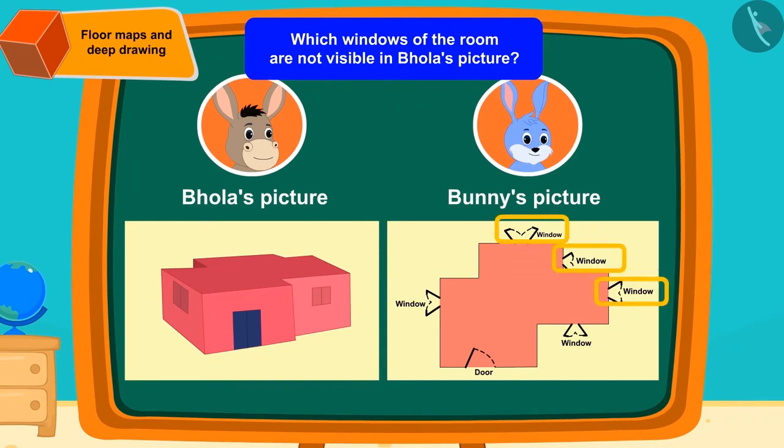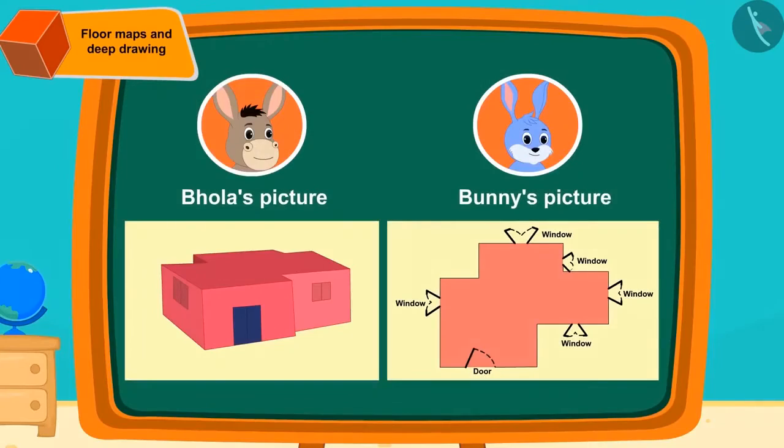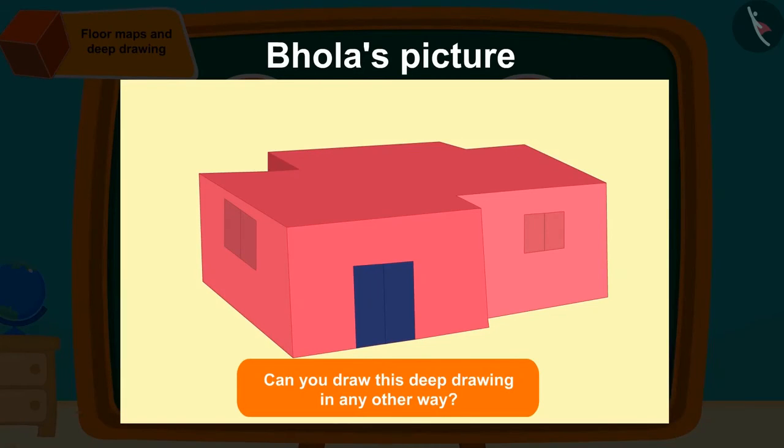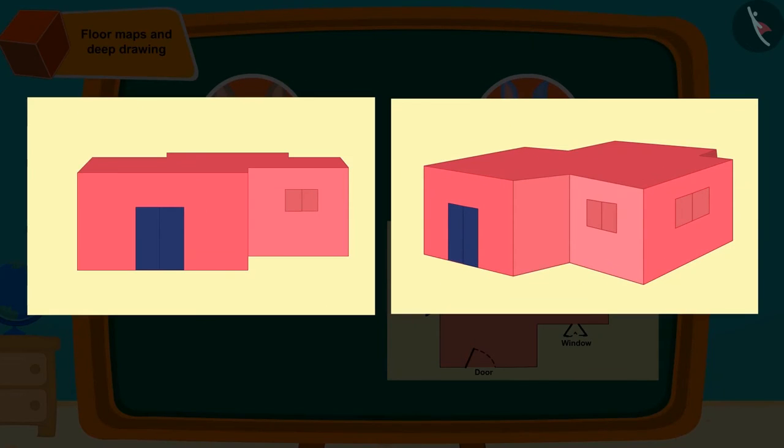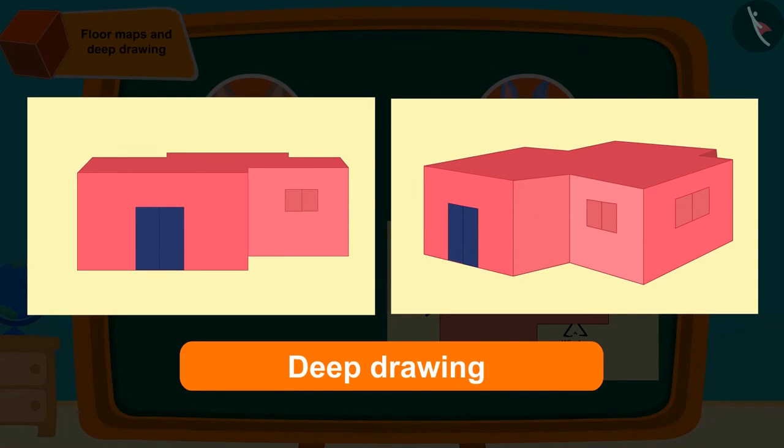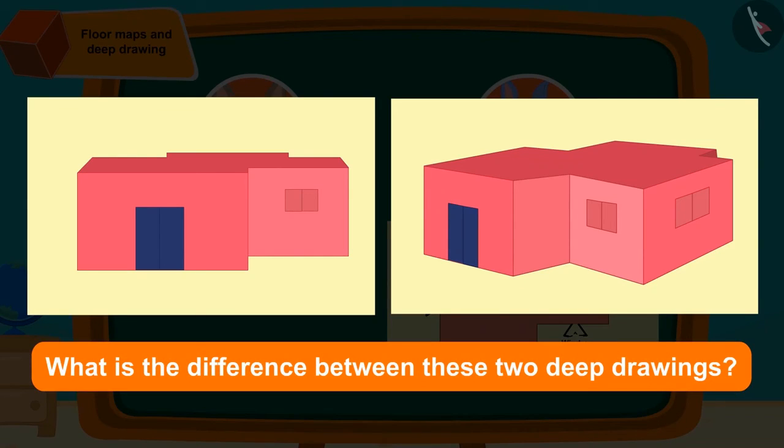Can Bhola make this deep drawing in any other way? You can try to make such a picture in your notebook by pausing the video. Bhola can also make a deep drawing of the room in this way. Children, can you tell what is the difference between these two deep drawings?